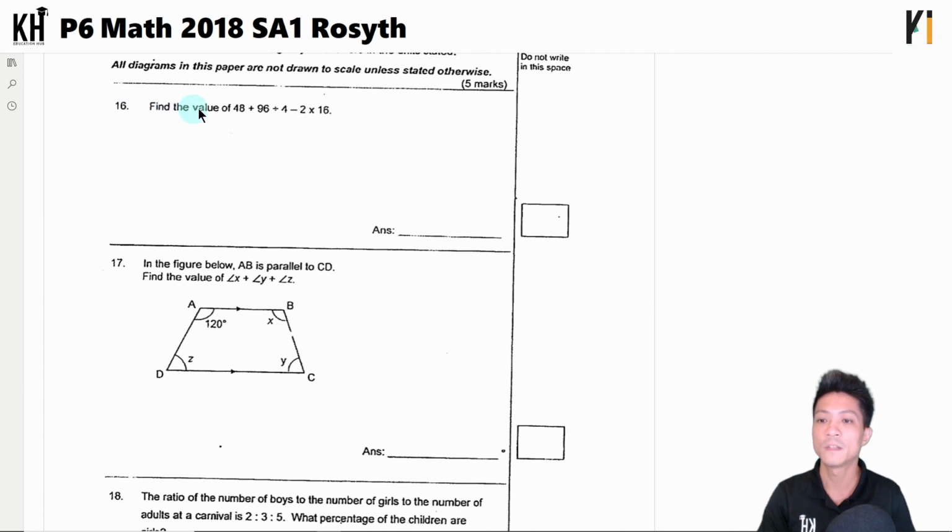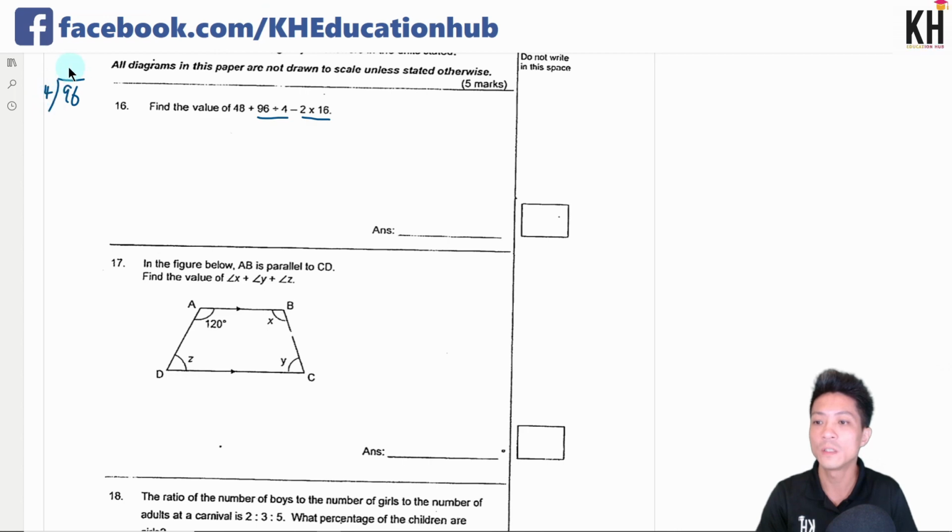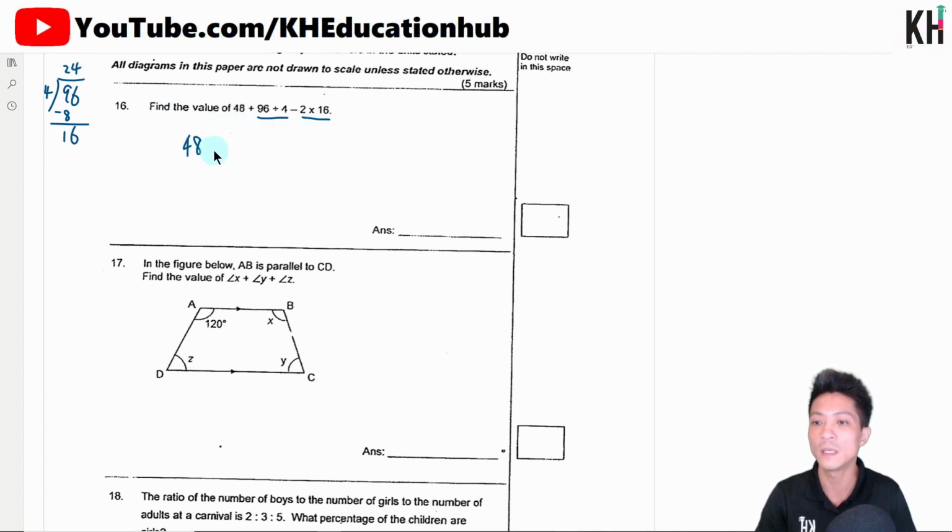Question 16. Find the value of 48 plus 96 divided by 4 minus 2 times 16. In this question, first we need to do the divide and the multiply. 96 divided by 4, you can do your working over here. It's gonna give you 24. So this is gonna become 48 plus 24. 16 times 2 will give you 32.